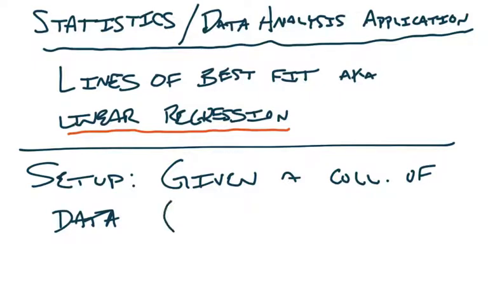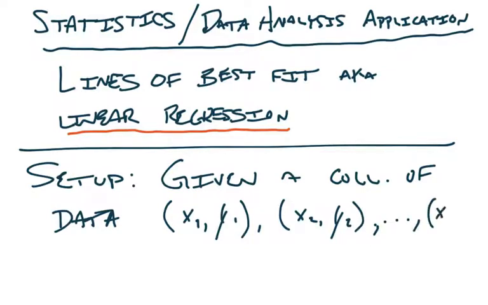It'll be complicated enough just with x and y coordinates. So suppose you've got one data point, x1, y1, another one, x2, y2, and so on, up through some final observed bit of data, xn, yn.